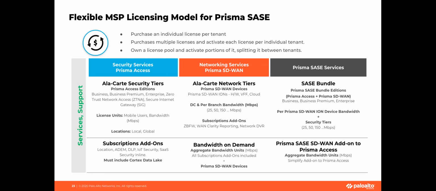We provide Prisma SD-WAN licenses in that category. We also have bundle editions that are available for those seeking both Prisma Access and Prisma SD-WAN capabilities. Furthermore, we offer a range of add-ons, as you can see, like autonomous digital experience management, data loss prevention, DLP, IoT, SaaS Inline, etc.